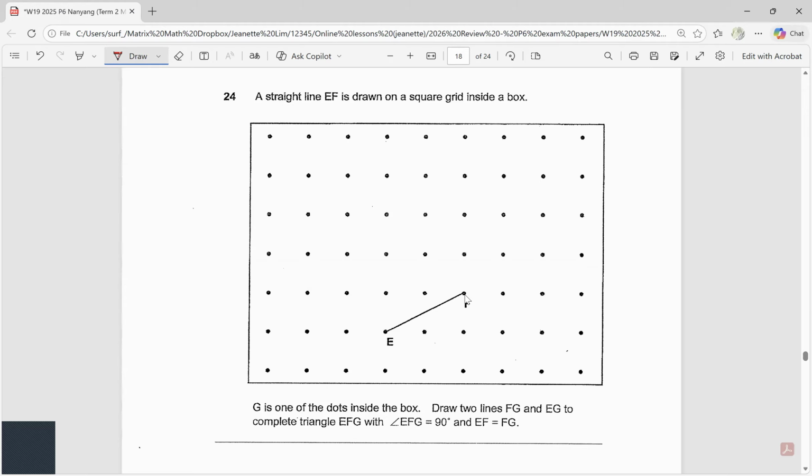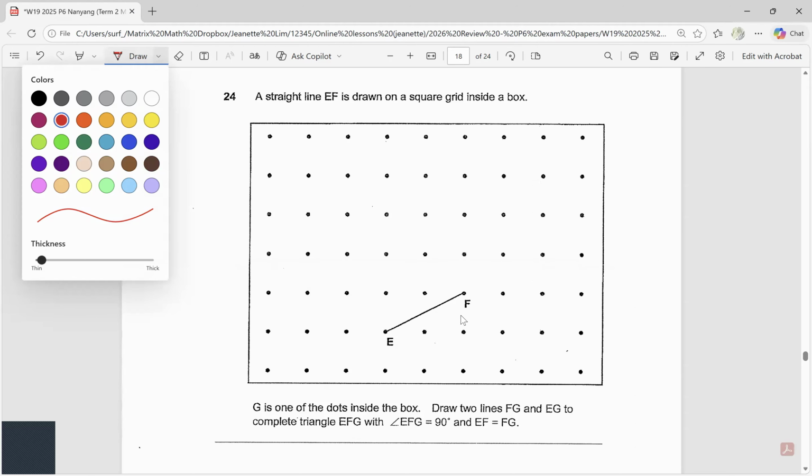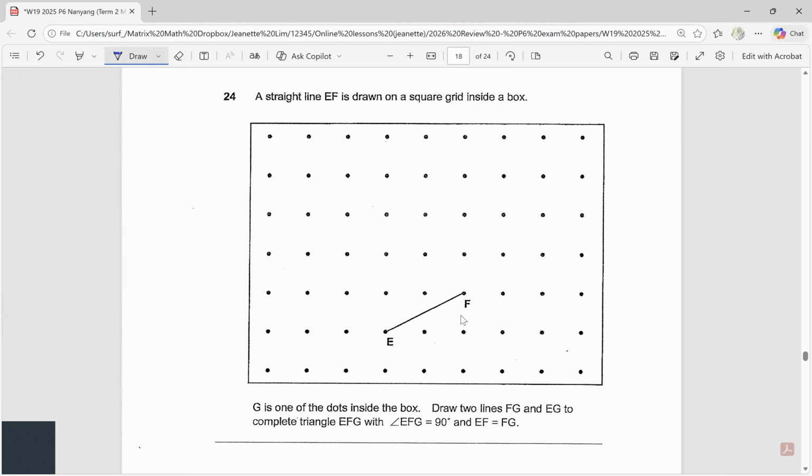So I know that it's perpendicular and it's equal in length. So how do I draw a perpendicular line if the line is a diagonal? What I can do is, I'm going to show you in blue, but that is just how we count. Can you see that EF is actually a diagonal of these two squares?